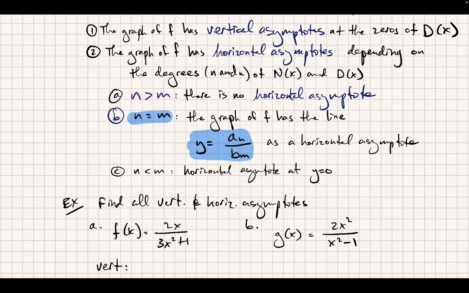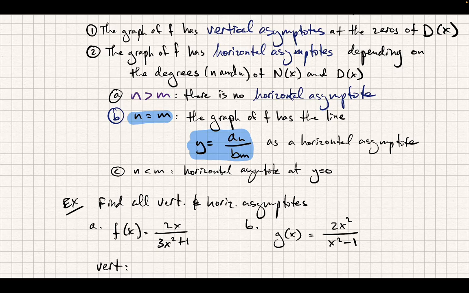Wait, were my horizontal ones right? x squared equals 1, so x equals the square root of 1. What's the square root of 1?